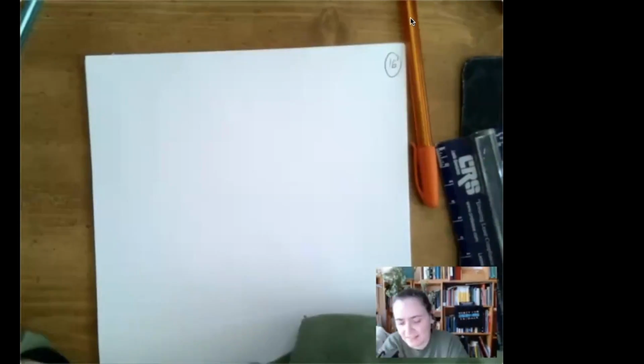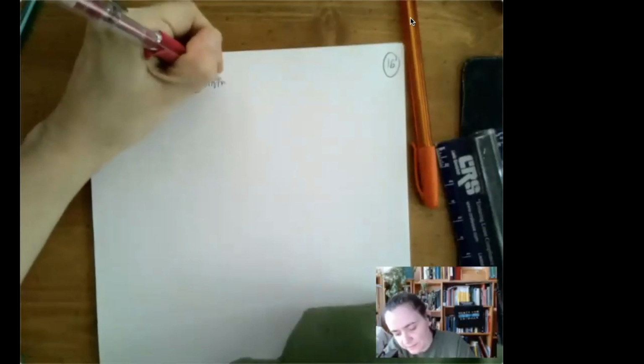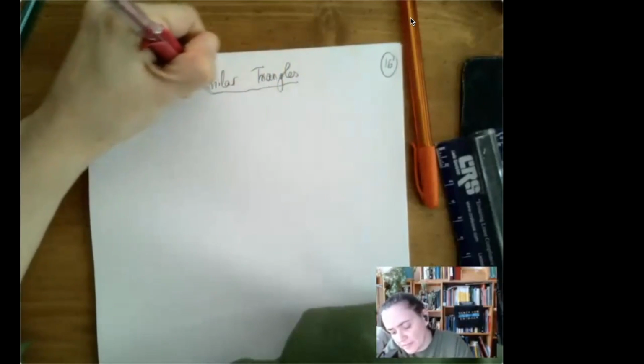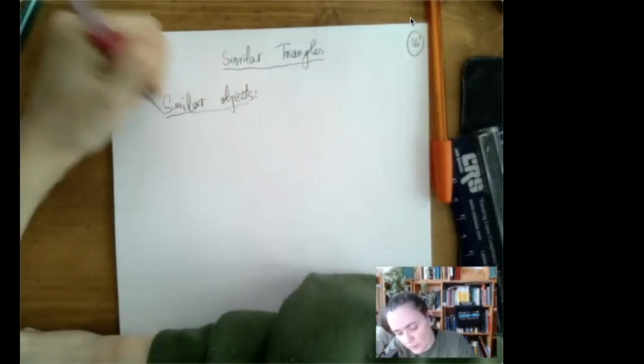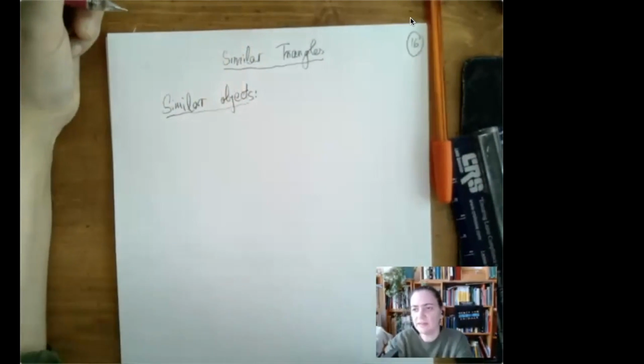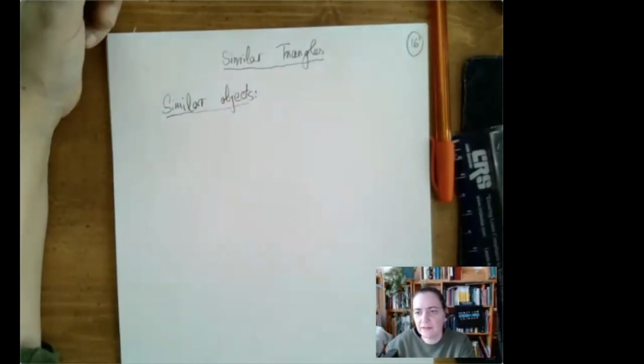So then, another very important geometry topic is the idea of similar triangles. But let me start with similar objects in general, not just triangles. So two geometric objects are similar if they are either identical, which in geometry we say congruent.